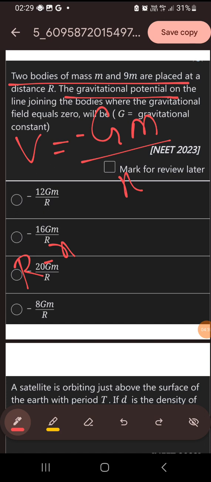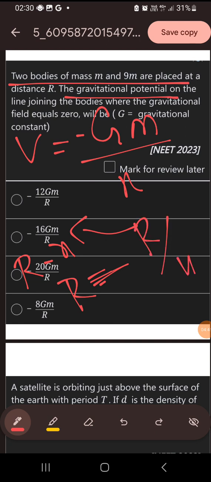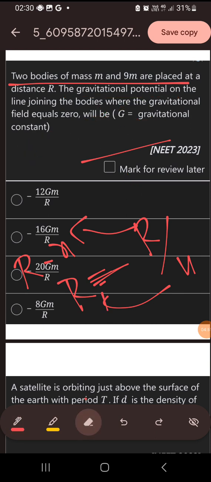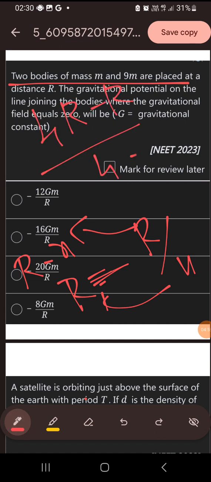Substituting, r minus r by 4 is 4r minus r divided by 4, that is 3r by 4. This is the value of r minus x.